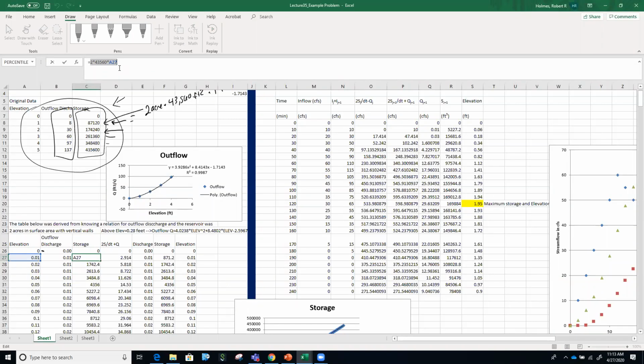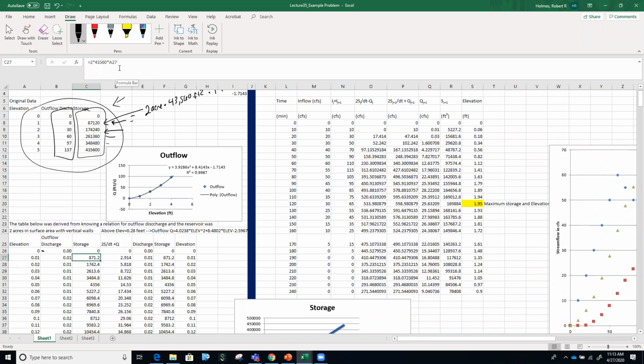That's 2 acres times 43,560 square feet in an acre, and then I multiply it by the elevation. That gives me the volume of the storage, and for 0.01 foot of water I've got 871 cubic feet of water.